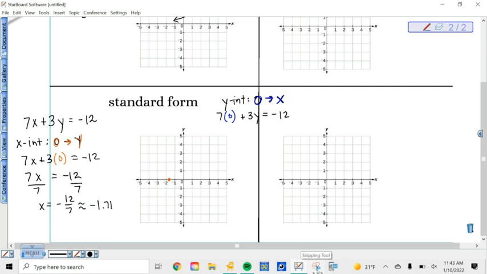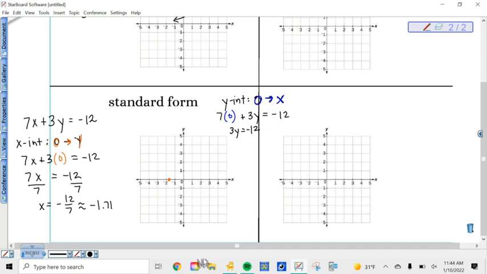All right, so same thing, right? I plugged in 0 for x. I just rewrote my equation, but instead of x, I put in a 0. And what's 7 times 0? 0. So now I'm just left with 3y equals negative 12. I want to solve this for the remaining variable. What's my variable in this equation? Y. I want to get y by itself.